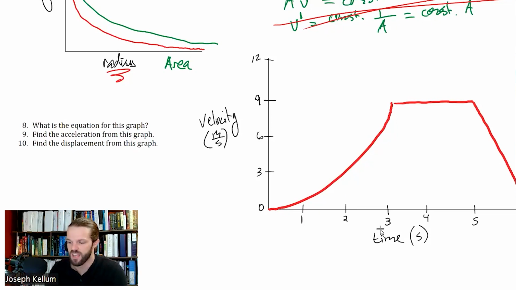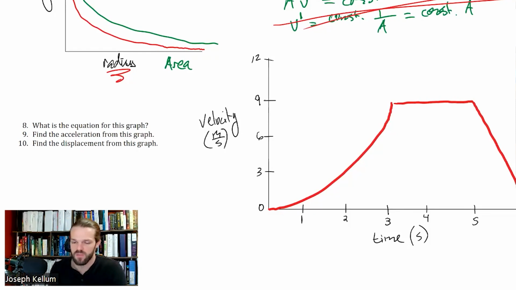This is obviously not a simple graph. You don't have to give me a number off the top of your head. That would be pretty impressive if you were able to differentiate the whole thing.